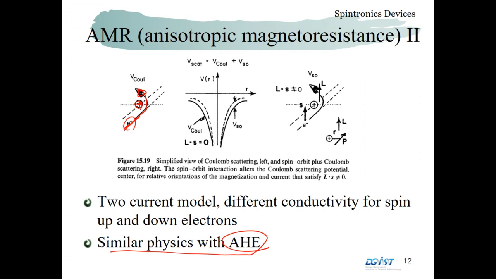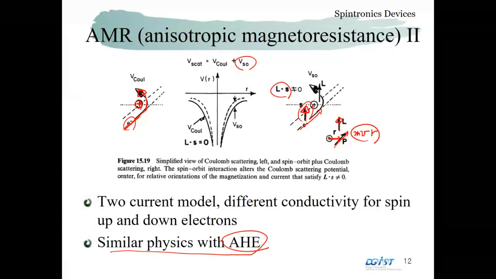But we have an extra one called the spin-orbit coupling. When the electron is moving in this direction, we have a spin moment here, and we have a finite angular momentum in this direction, because this is the linear momentum and this is the distance. So if we have a spin and the angular momentum, we have a finite spin-orbit coupling.